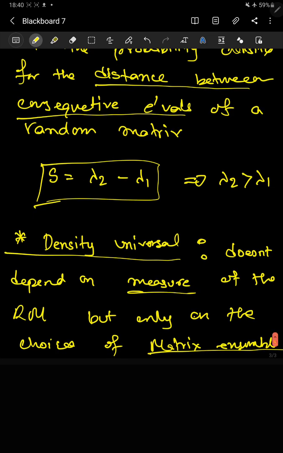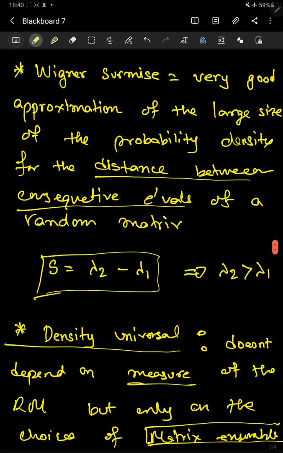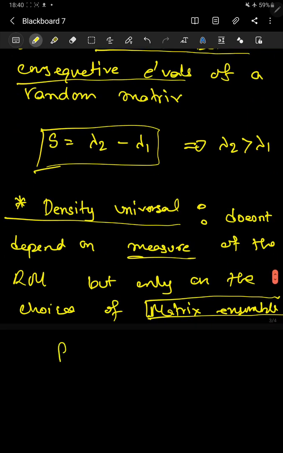What is a measure? Measure is just the integration, this is called the measure of integration if you're dealing with something like this. So they don't depend on the measure, but depend on the matrix ensemble we are considering. That is, with different betas that I mentioned in the Wigner surmise, they are basically different ensembles. For example, beta equal to 1 is a real symmetric matrix.